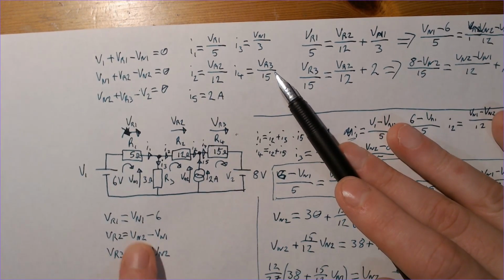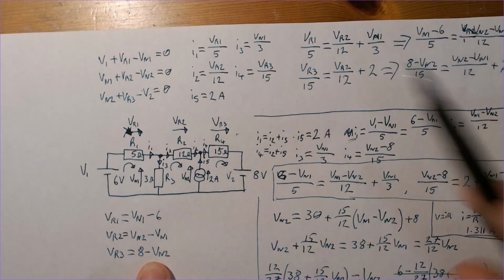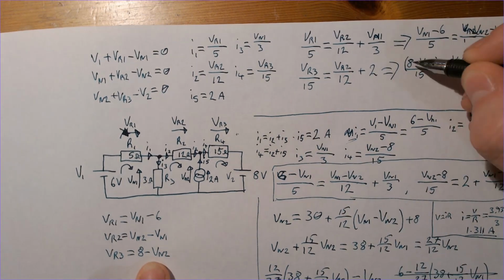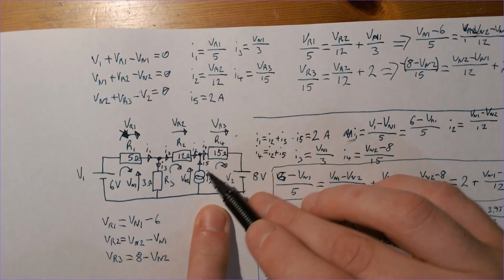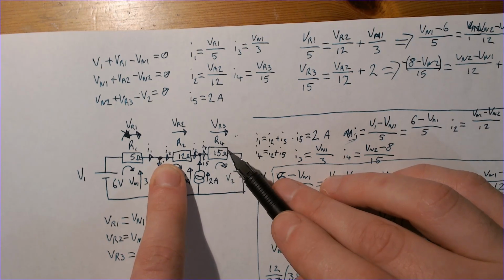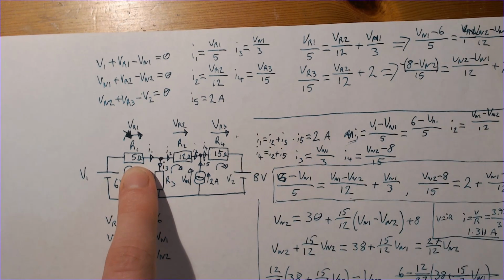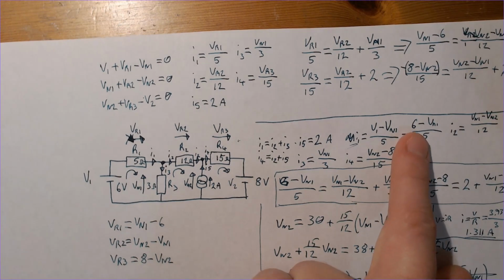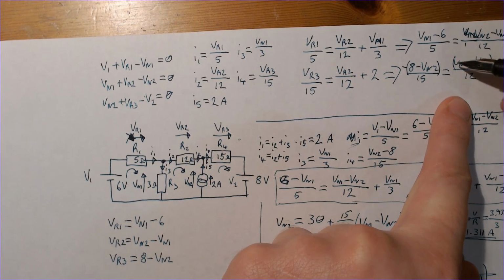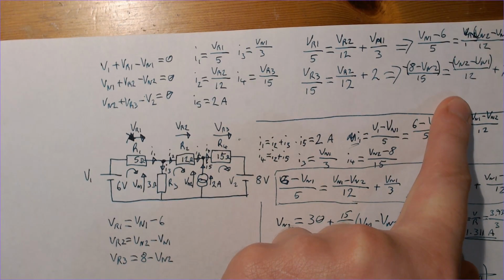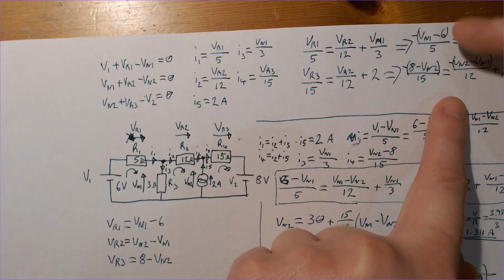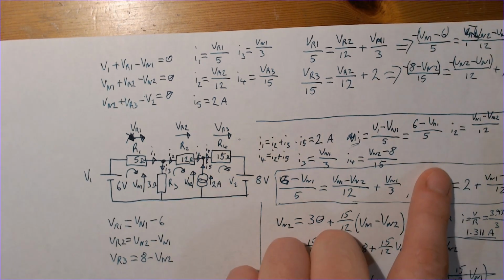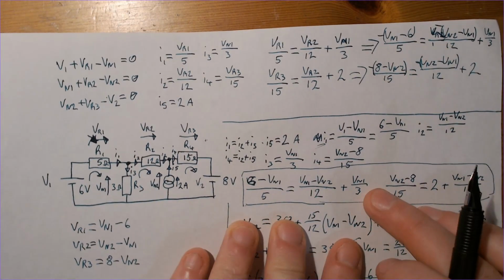VR3 was this one, so this would be minus, because that I4 would be flipped, because that's pointing the wrong way. I2 would also be flipped, I1 would also be flipped. So I2 and I1 are just the other currents, so that one minus and that one minus, and that one minus. Those two are the same. Those three, 1, 2, 3, will change round. Now that's exactly the same as this.